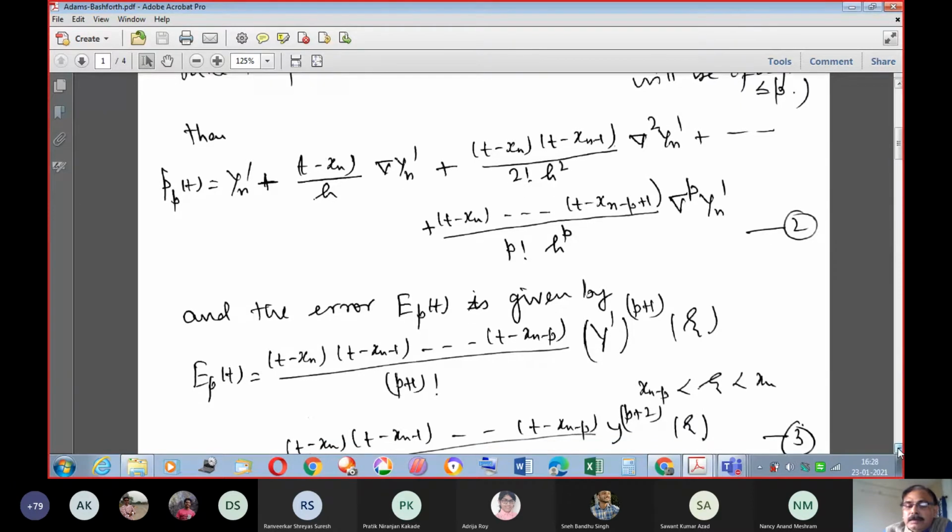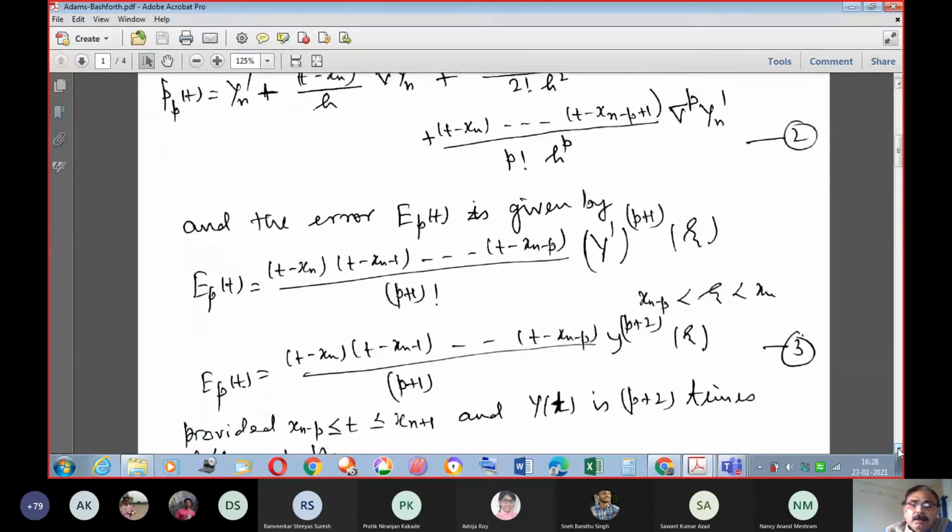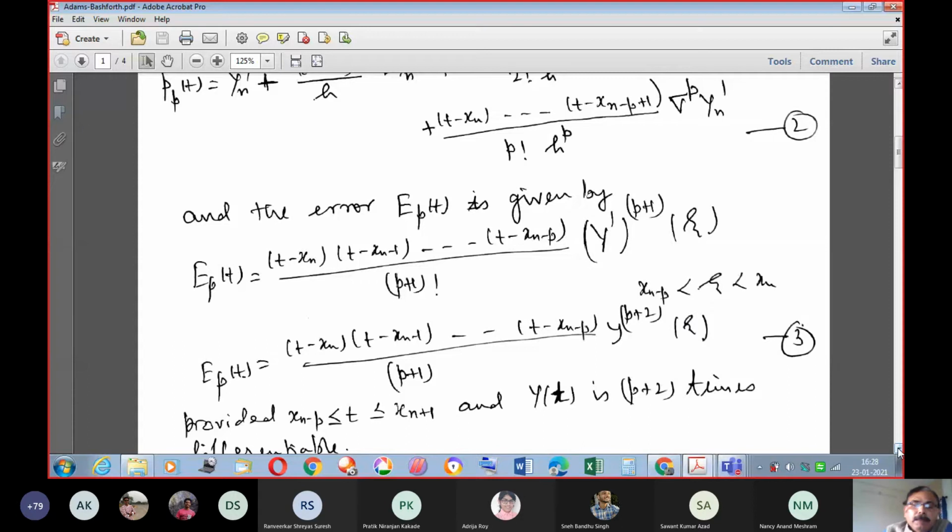This is what was already taught to you in Maths 1, Maths 2. So the error term will be written as y, instead of the p plus 1th derivative of y prime, we write the y^(p+2). That is very obvious. You understand that.